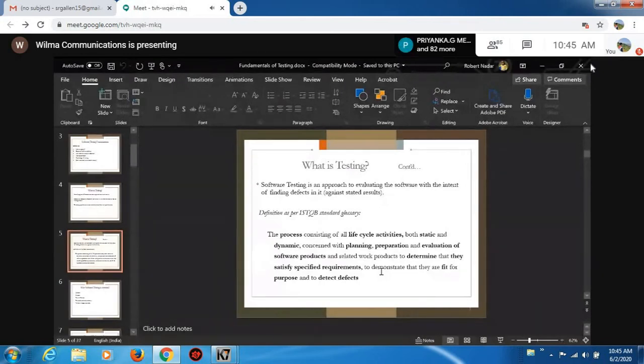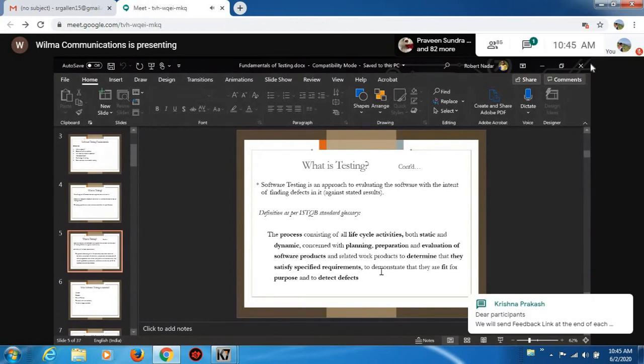But once I entered this particular stream, I learned a lot of things about software testing. There are different routes available, like functional testing, performance testing, security testing, networking testing, API testing. Different automation tools are available, different types of certifications are available.